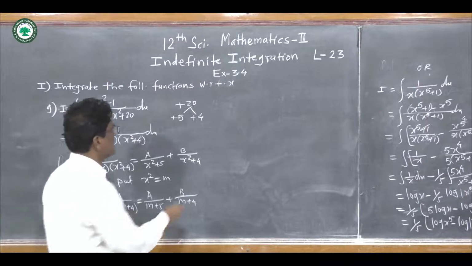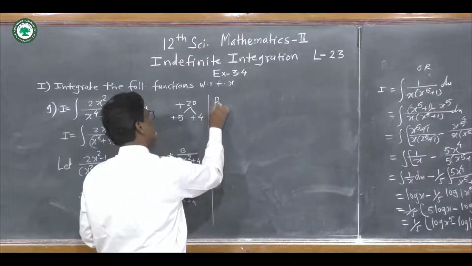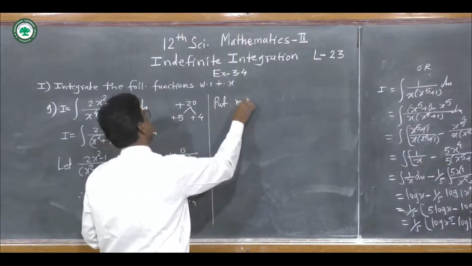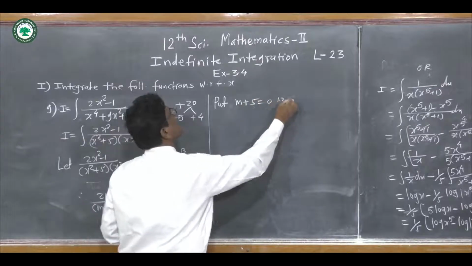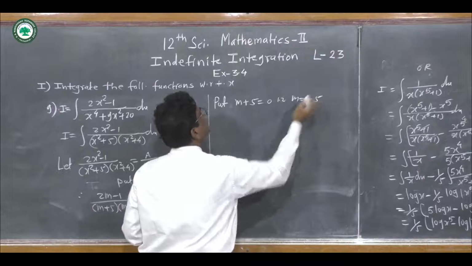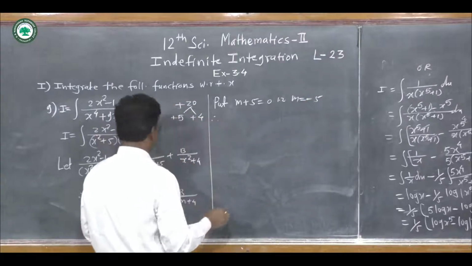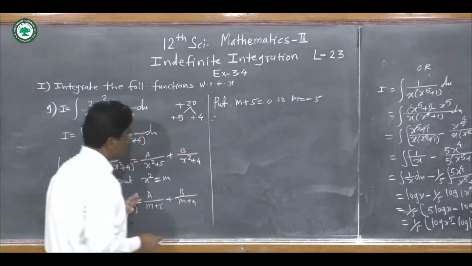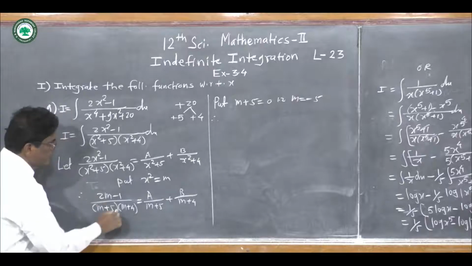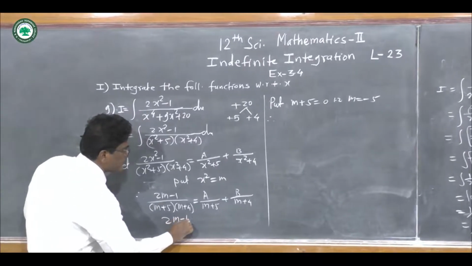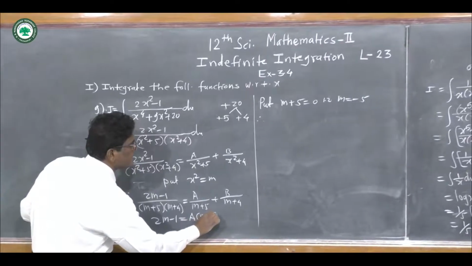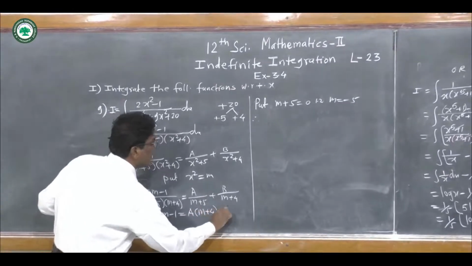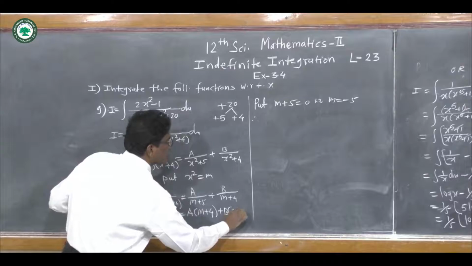So we put here m plus 5 equal to 0, that is m is equal to minus 5, and therefore firstly we have to write the equation: twice m minus 1 is equal to a into m plus 4 plus b into m plus 5.